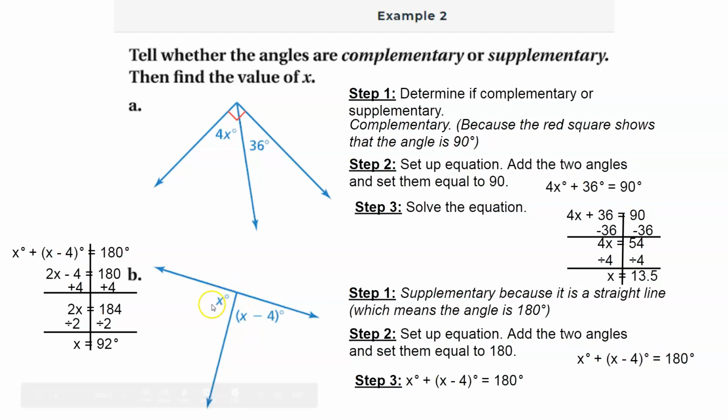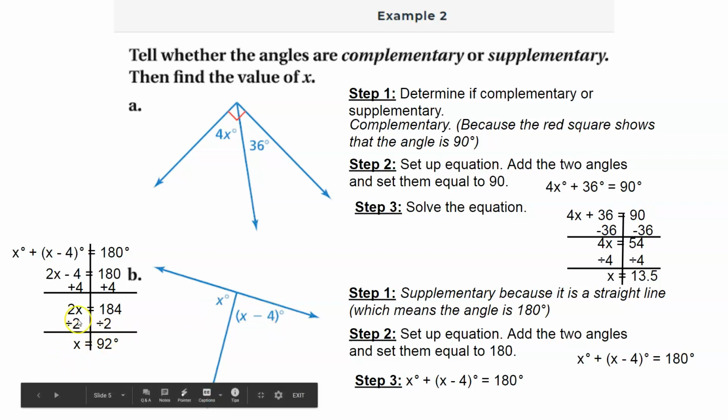So this left angle in B is 92 degrees. And this right one is 92 minus 4, which is 88 degrees. So we have a 92 and an 88 degree angle. But this here is our answer because we were asked to find the value of x.